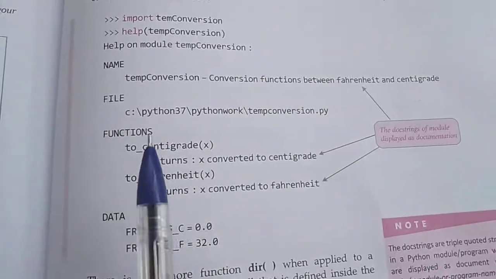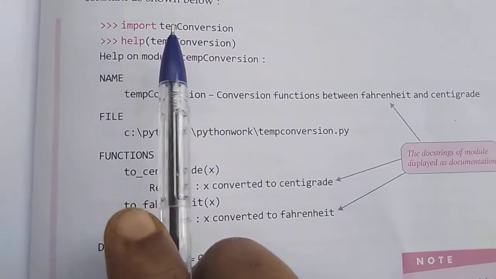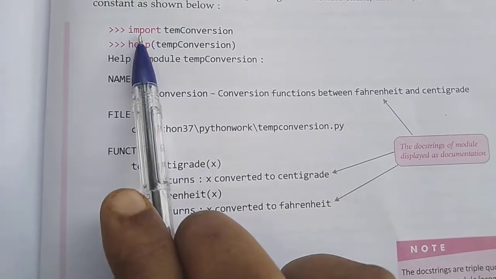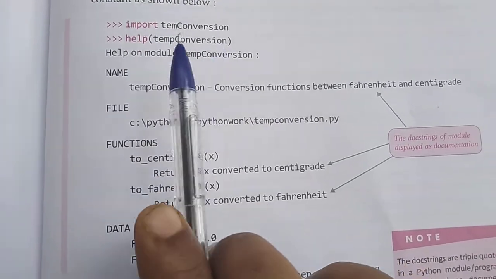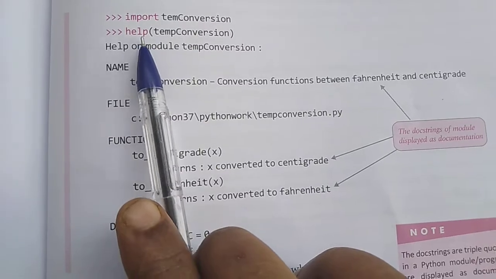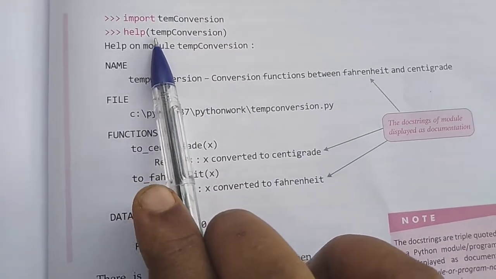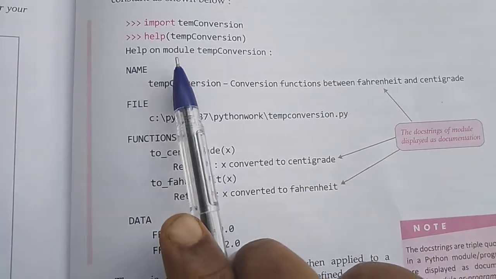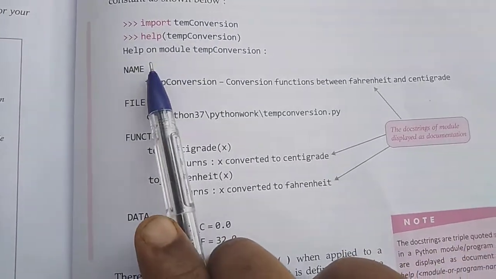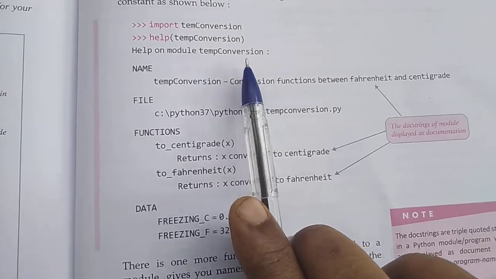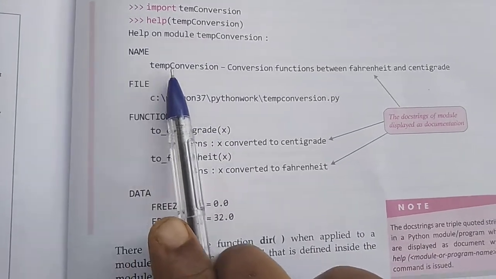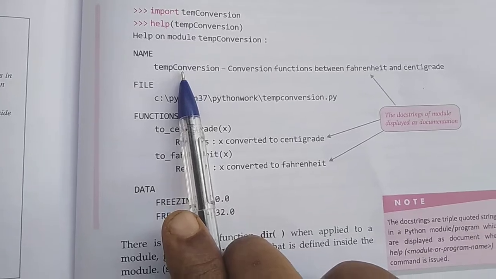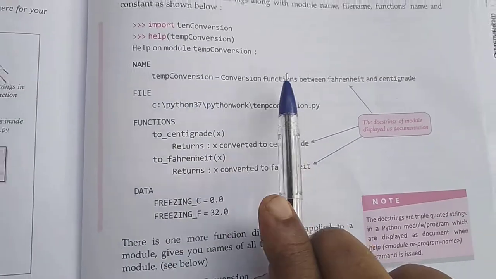See here, we are importing the program tempconversion.py as import tempconversion. Now we are giving the command help of, within the brackets the name of the module tempconversion that we imported there. Now what is it going to display? The help on module tempconversion. First, the name of the file is tempconversion.